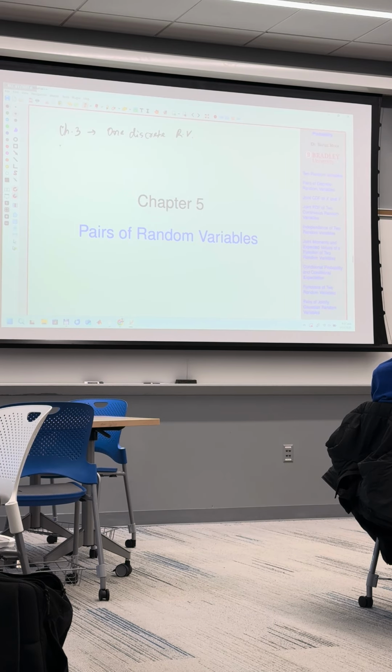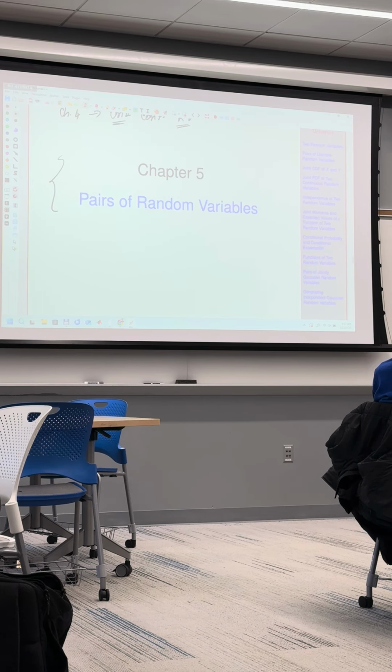In chapter 4, we dealt with one continuous random variable. Chapter 5 is going to be based on the theory that we covered in chapters 3 and 4 on one random variable, but we are going to extend it to two random variables.